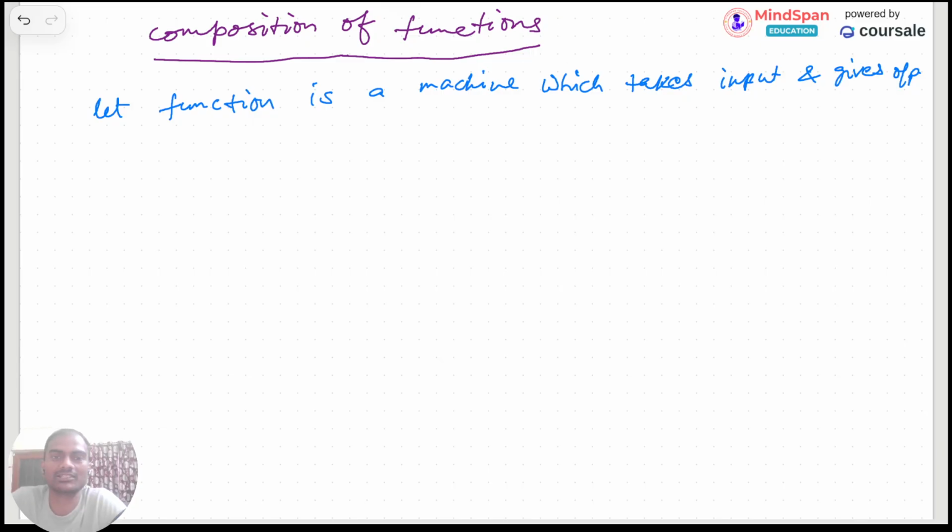There is no harm in assuming this, since that is what a function does.